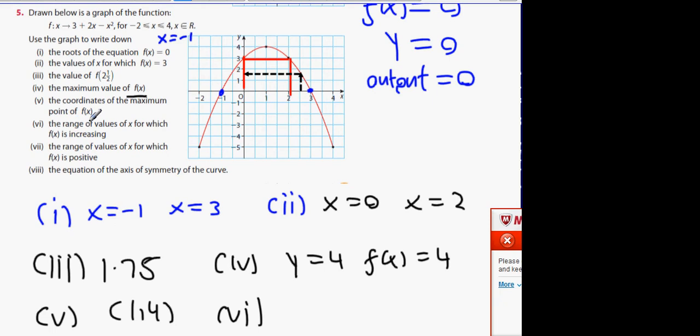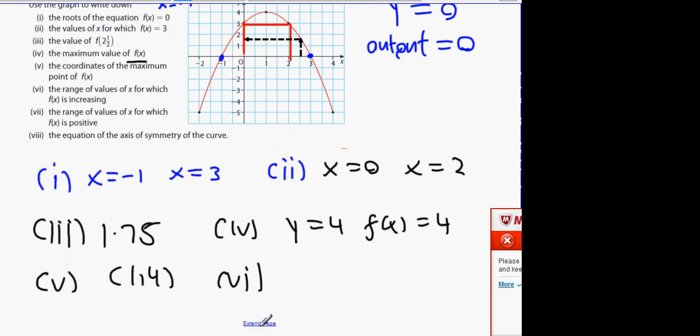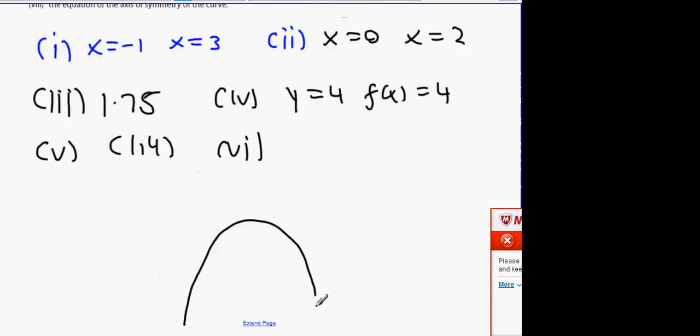Part 6. Find the range of values of x for which f of x is increasing. Now, do you know what increasing means? I'll show you now what increasing means. When you have a hill, or a set of values, your y values are getting bigger on the way up. They're increasing on the way up. When you reach your maximum point, they're no longer increasing or decreasing.